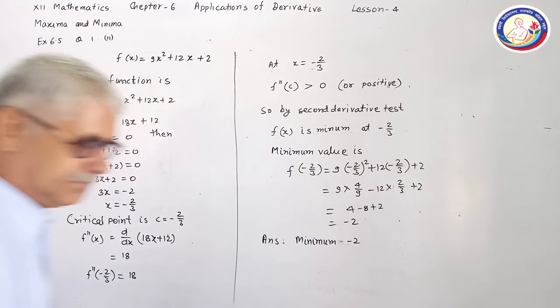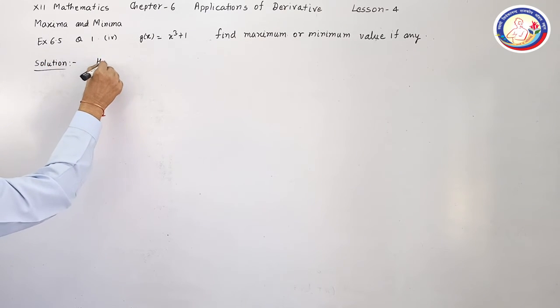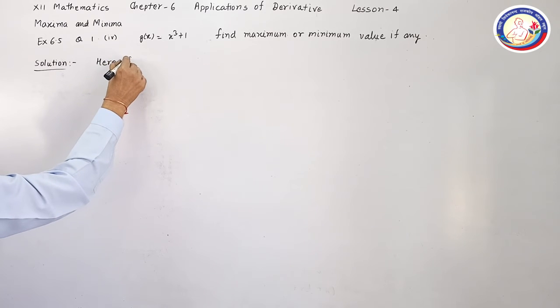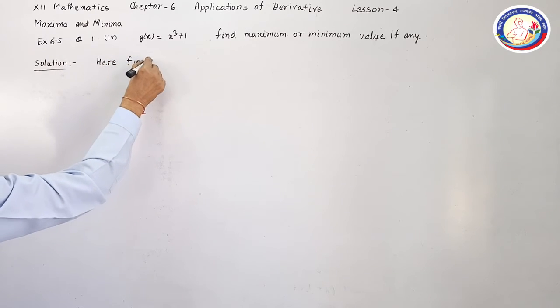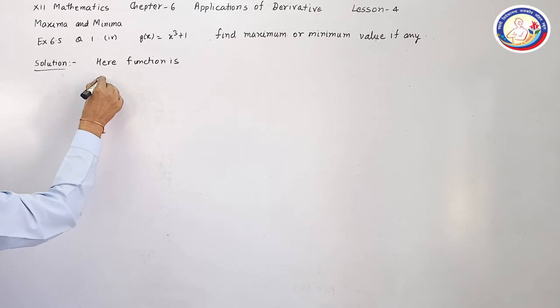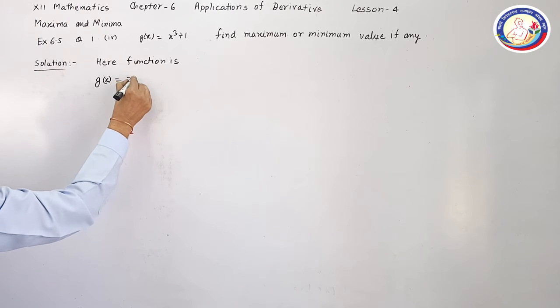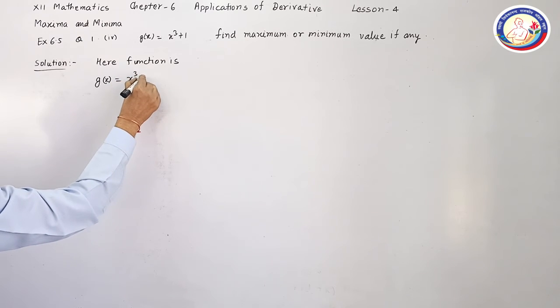Now fourth part of this question, we are given a function g. Here function is g x equal to x cube plus 1.